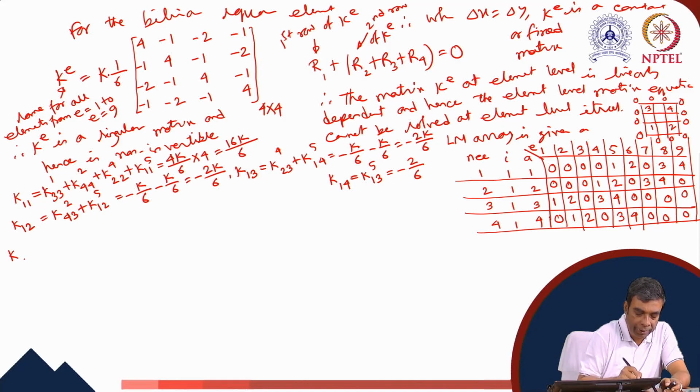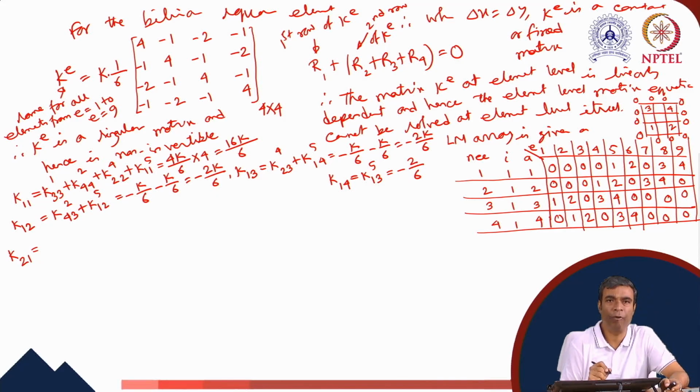This is K21. Now, directly from the weak form, we know that this assembled matrix will also be a symmetric matrix, similar to the element level matrix. This element level matrix Ke is also symmetric, but it is not a sparse matrix.